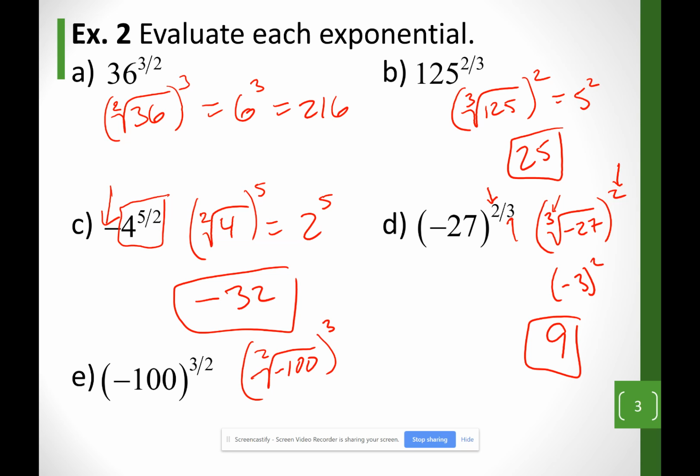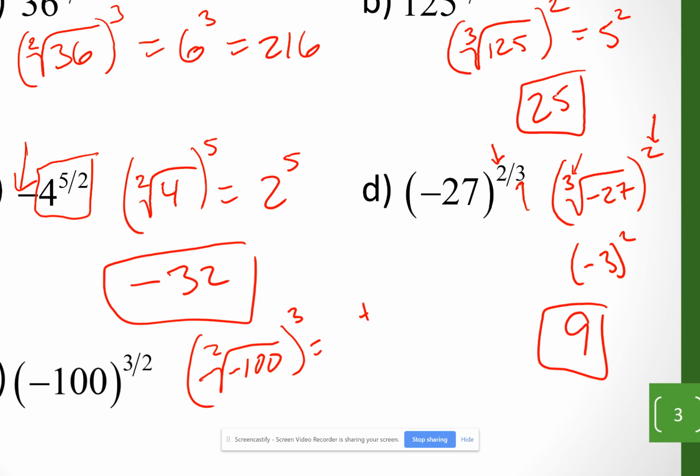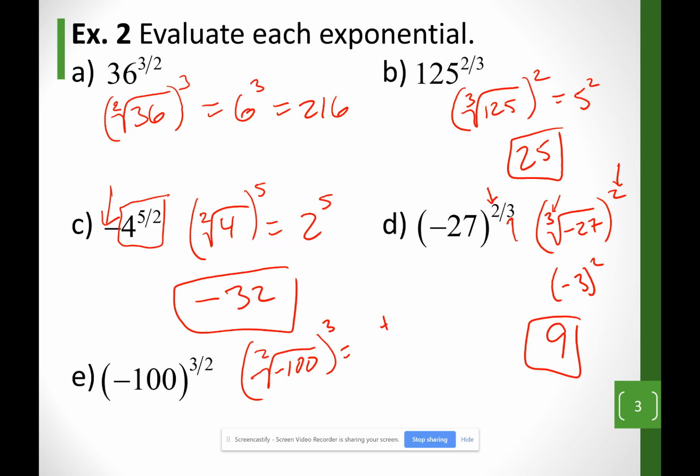I cannot do the square root of a negative. So I'm just going to say not a real solution. Once again, from the fraction, the top is an exponent and the bottom is a root.